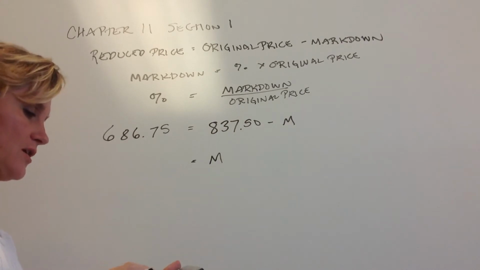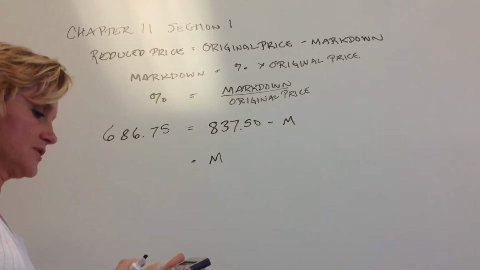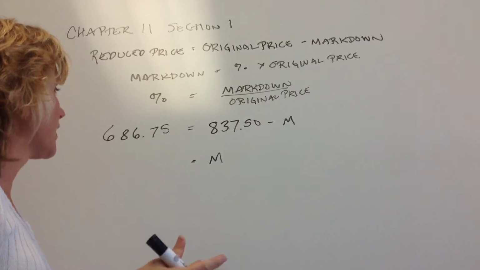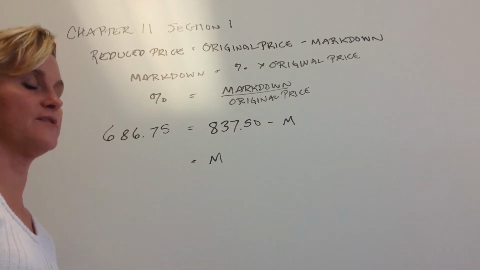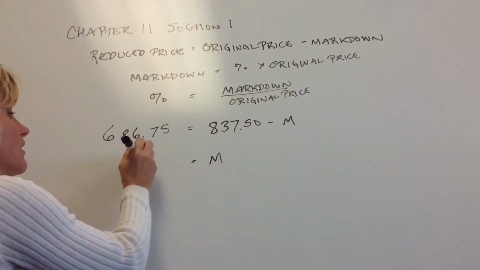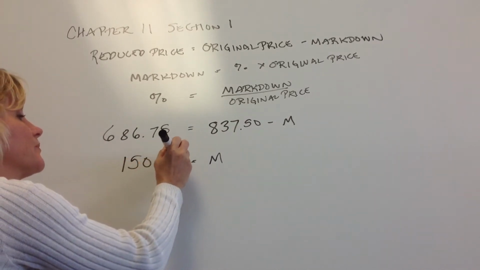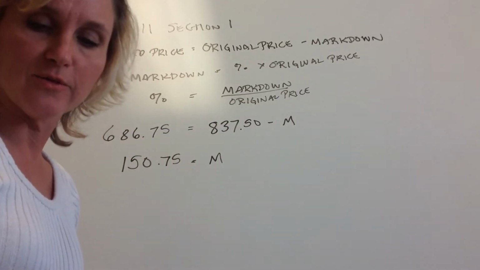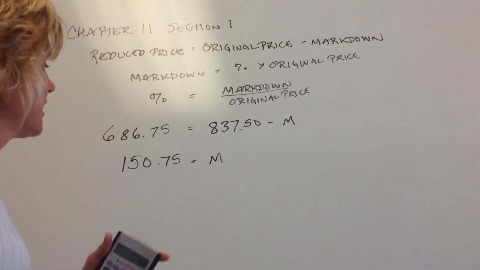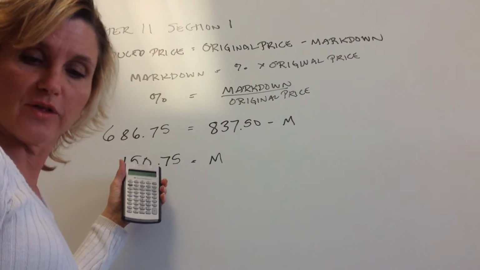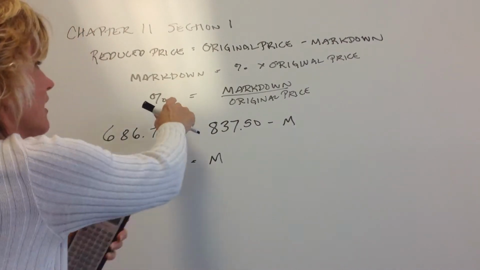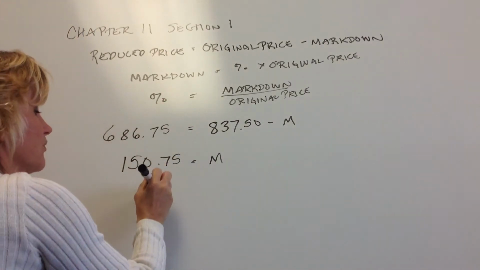So if you take our $837.50 original selling price, subtract out the $686.75 reduced selling price, you would have a markdown dollar amount of $150.75. What the problem is asking for, though, is what percent of a markdown that is. So we go to that formula.